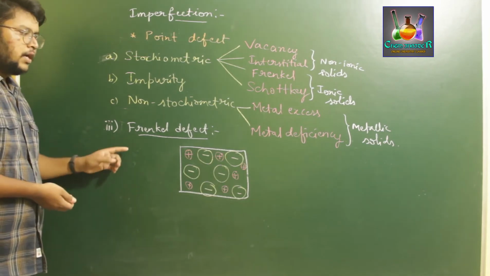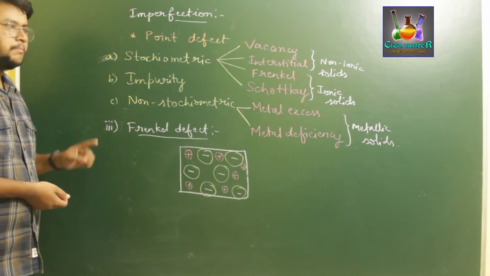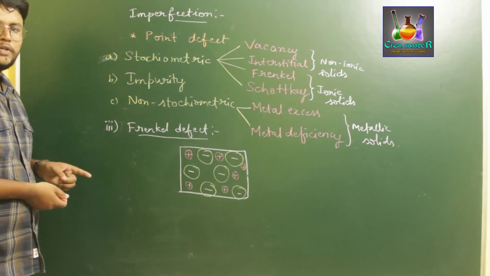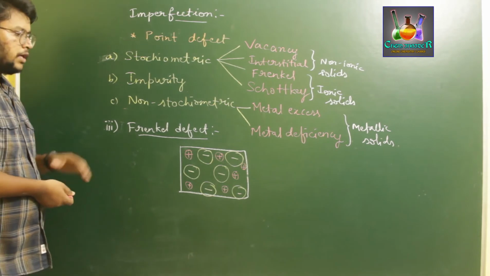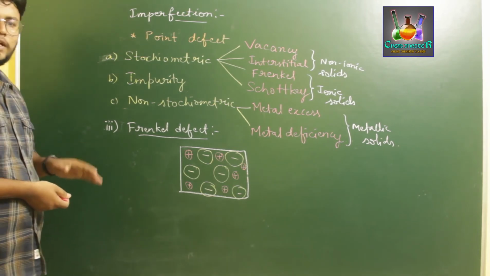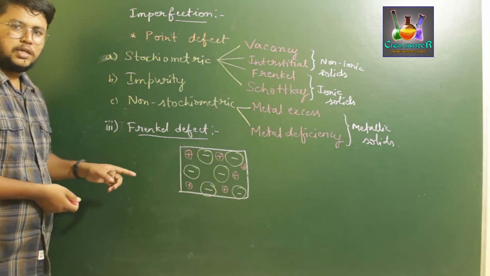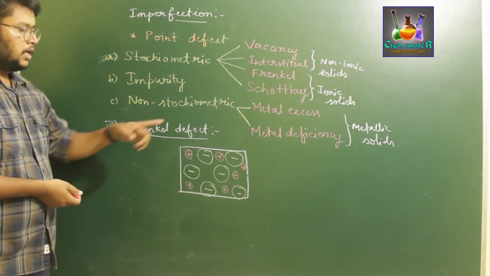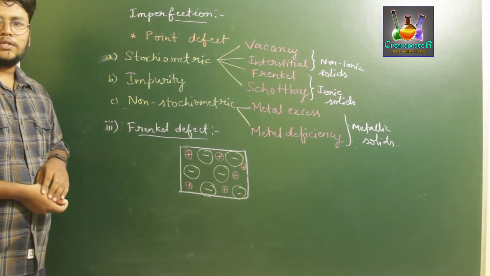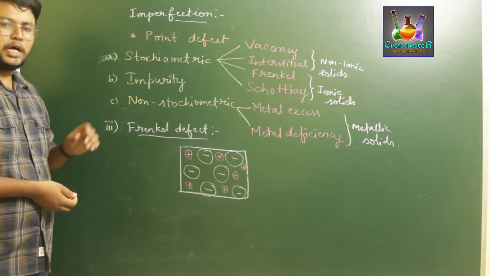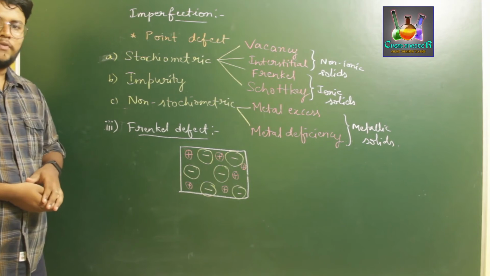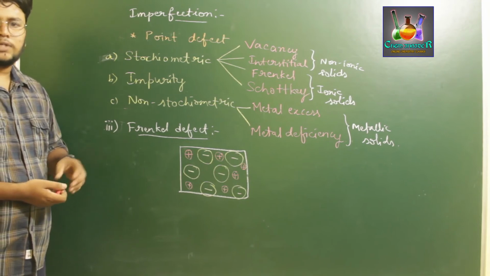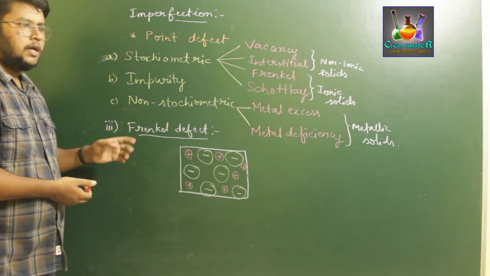So Frenkel defect is a defect in which both vacancy and interstitial defect arise in an ionic solid. An ionic solid is said to have a Frenkel defect if there is a vacancy along with an interstitial occupancy of an ion, especially the ion with smaller size. Usually the ions involved in the Frenkel defect will be cations, because cations are smaller in size compared to anions.